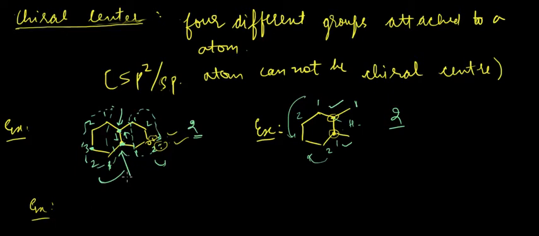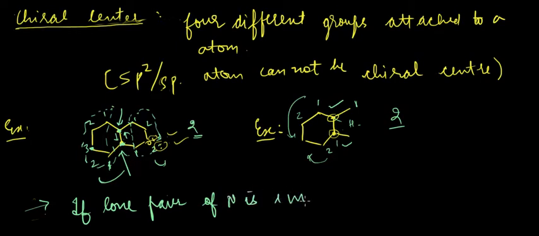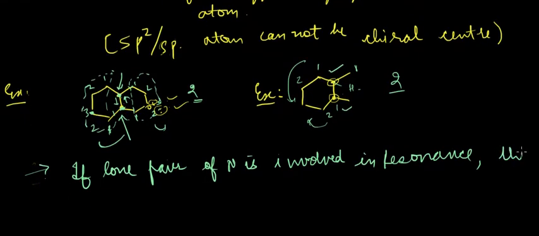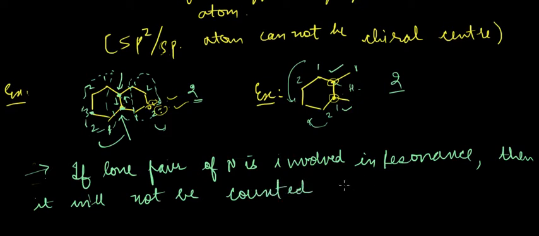And one more thing, we just saw this example in the last video lecture, that if the lone pair of nitrogen is involved in resonance, then it will not be counted as a chiral center.